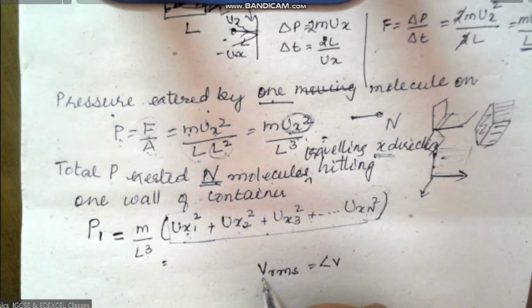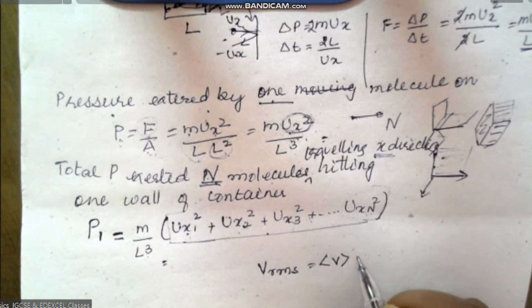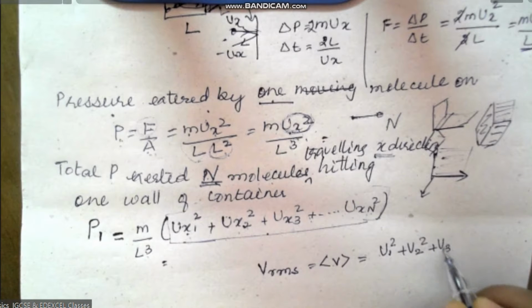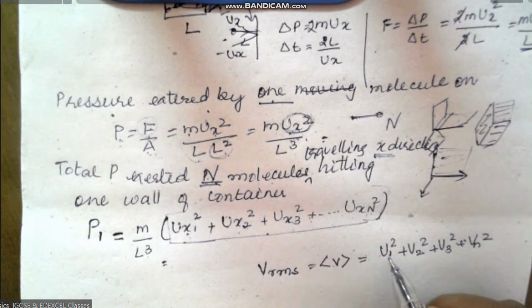So what is VRMS? VRMS is equal to what? What do we do to find the VRMS?